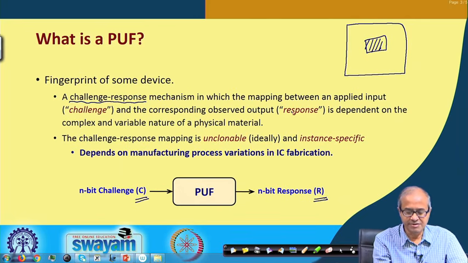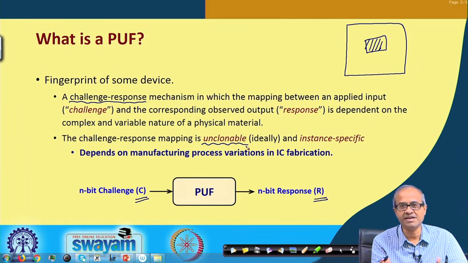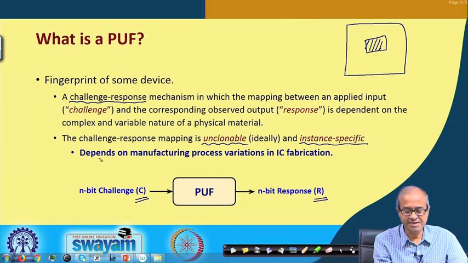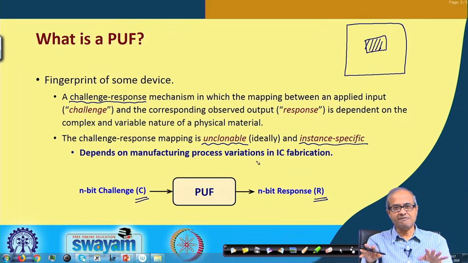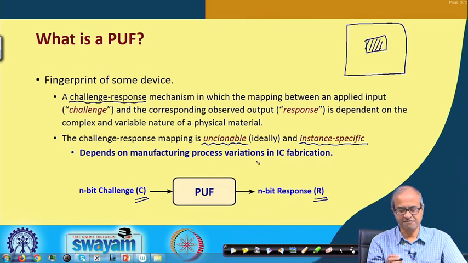This is what we define as unclonable: it cannot be copied, it cannot be cloned, and it is instance specific, specific to that particular chip. The way it is implemented depends on manufacturing process variations. When multiple chips are fabricated, there will always be small variations here and there, no two things can be exactly identical. So, that process variations, device variations, is what is exploited in the design of this PUF.